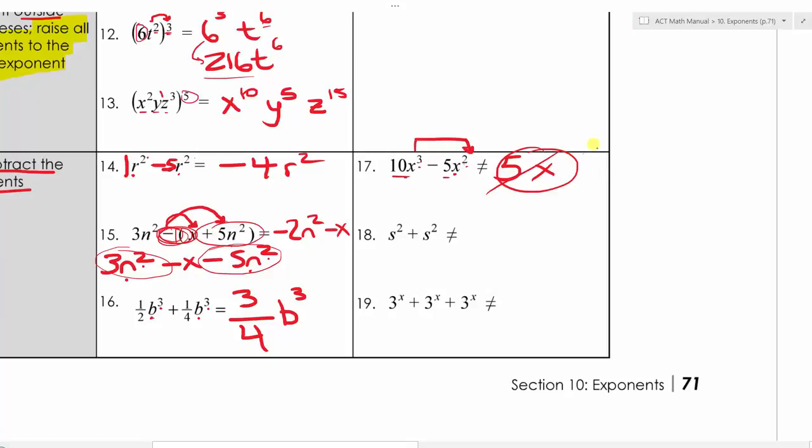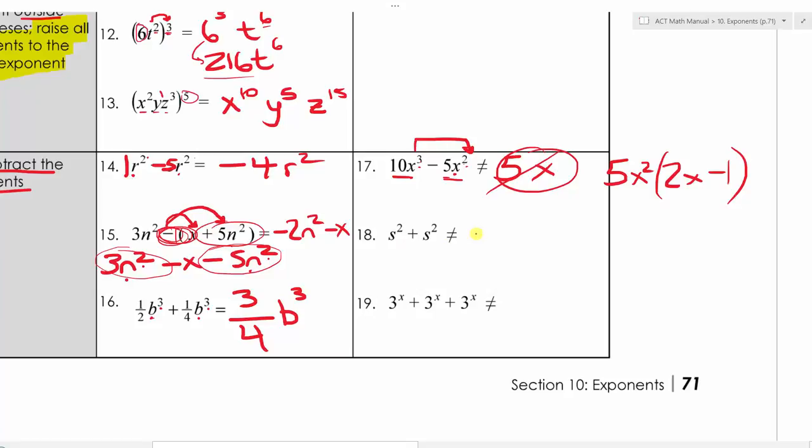That is not correct. You could actually factor out a 5x squared, and you would be left with 2x minus 1 in parentheses. So you could clean this up a little bit if you consider factoring cleaning up, but you certainly cannot simply add and subtract these terms. S squared plus s squared.